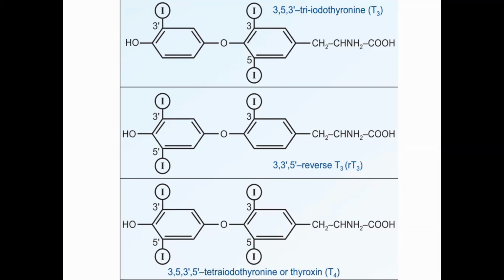However, some triiodothyronine can be formed by deiodination of tetraiodothyronine, mostly in the peripheral tissues and sometimes in the thyroid gland also.